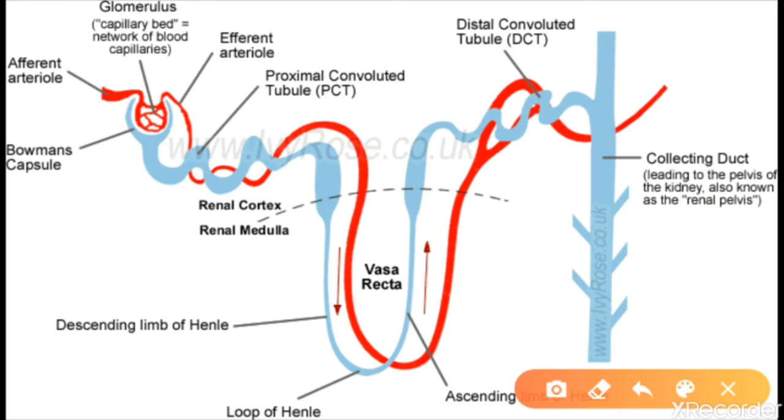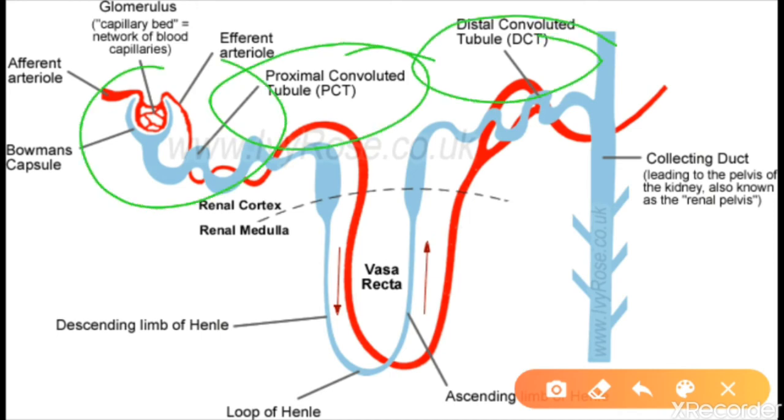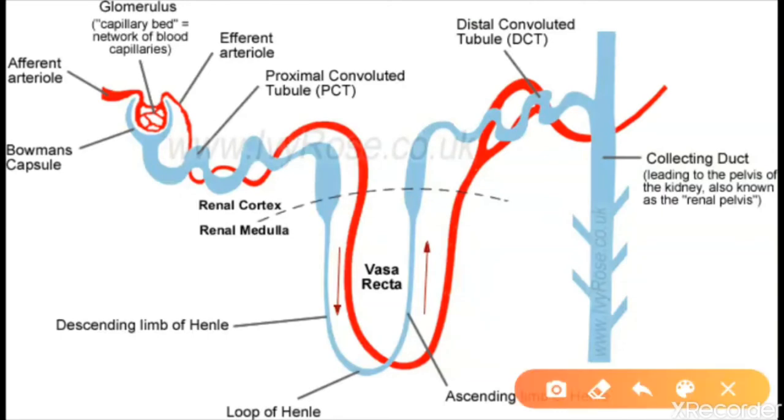Here we have PCT and DCT. The main function of the Bowman's capsule is ultrafiltration. They do not allow the big particles to enter, but the liquid part that enters here is reabsorbed.